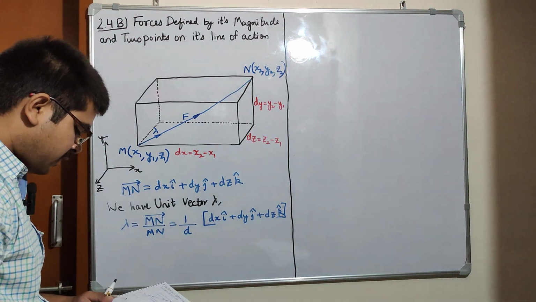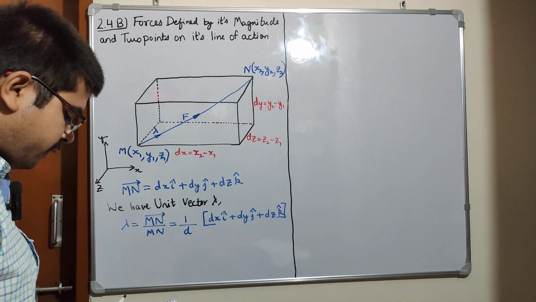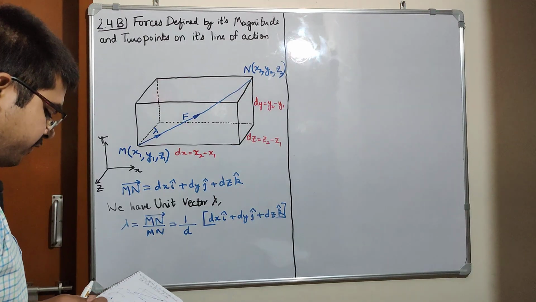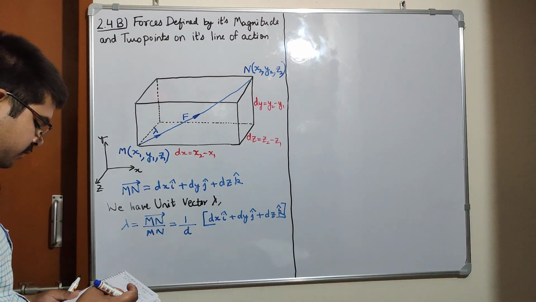Now we know that F vector is a product of the magnitude F and lambda.